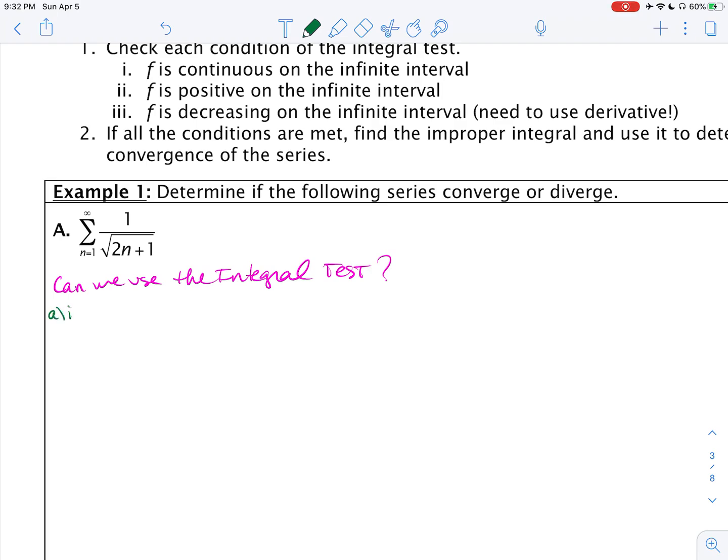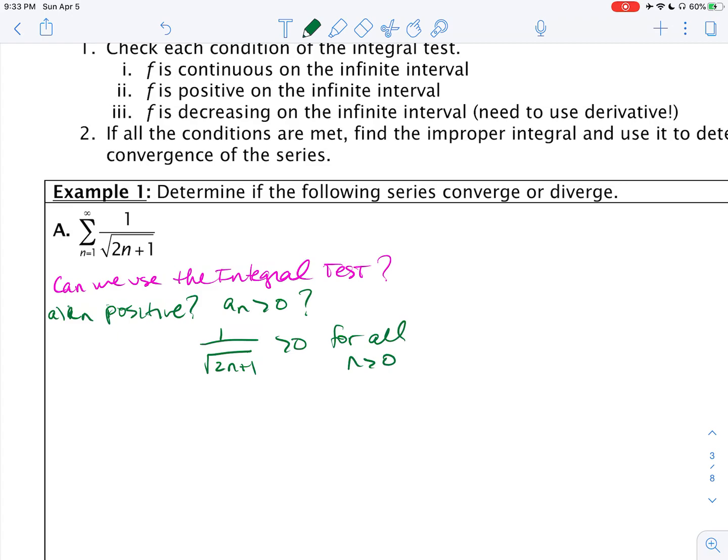So A is the a sub n positive? In other words, is a sub n bigger than 0? So if we want to take a look at 1 over the square root of 2n plus 1, is that bigger than 0 for all n bigger than 0? We don't really care if n is negative.